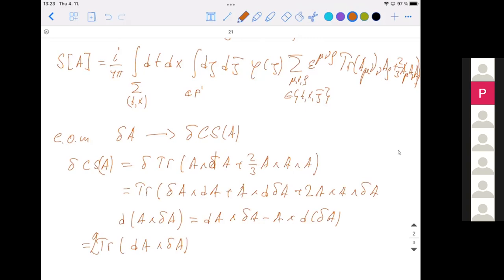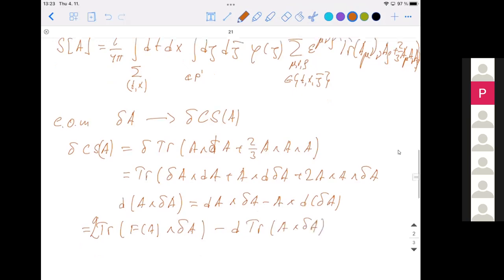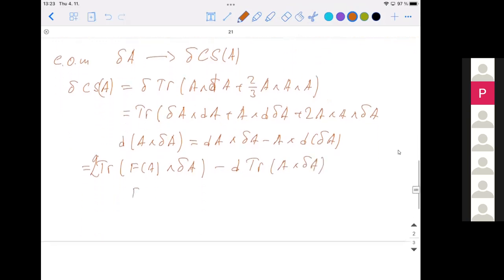That's just trace F_A delta A minus d trace A delta A. So this curvature term is just this, right?